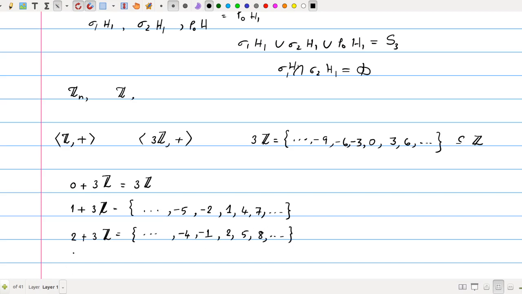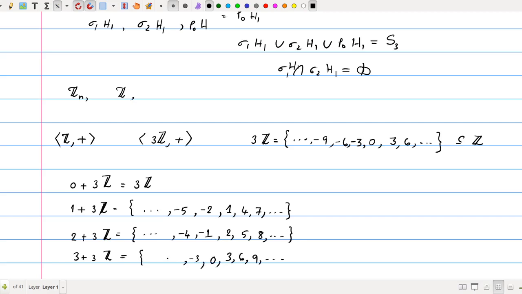If you write 3 plus 3Z, you can consider any integer from Z and compute this. Instead of 0 we have 0 plus 3, that is 3. Instead of 3 we have 6. Instead of 6 we have 9. Instead of minus 3 we have 0. Instead of minus 6 we have minus 3.